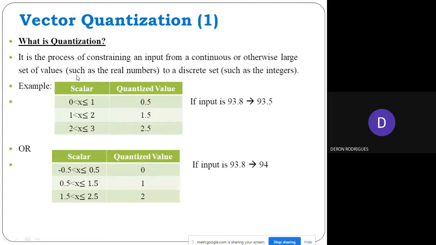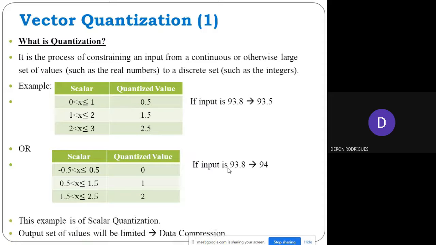So a set of values such as real numbers is going to become a discrete set such as integers. So 93.8 becomes 94, 92.7 will become 93, 5.1 will become 5. You will have all integers present. This is a form of quantization.